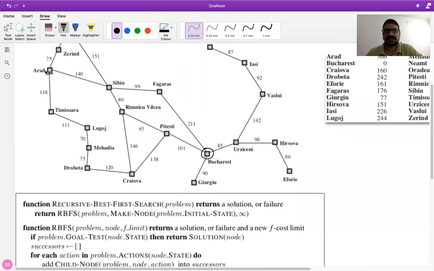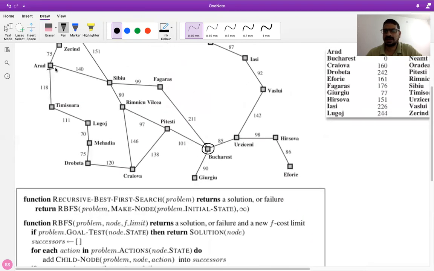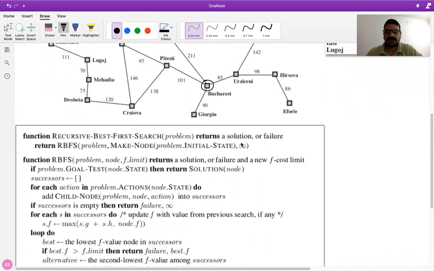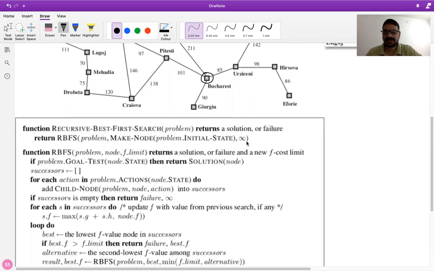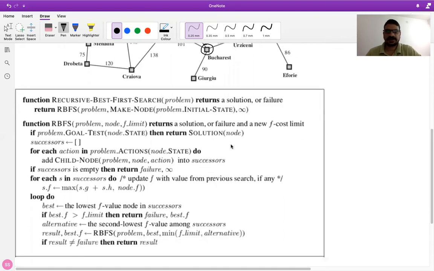Initially, this initial state is Arad. So we'll make Arad the initial state, and infinite is nothing but the F limit. We just saw the importance of F limit here, because based on the F limit only we have to make the decision. So initially this F limit for Arad is infinite.